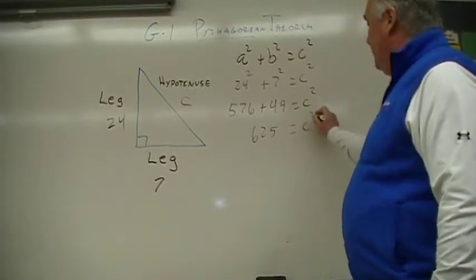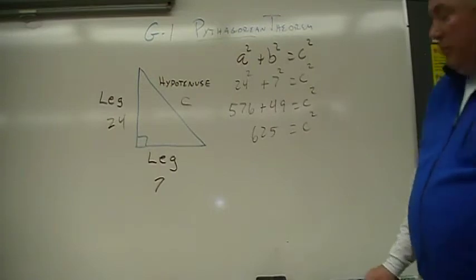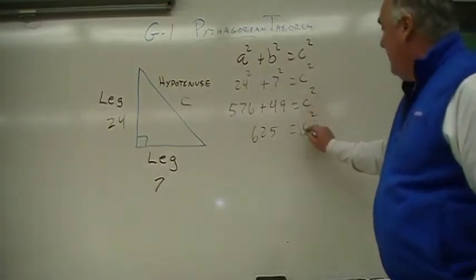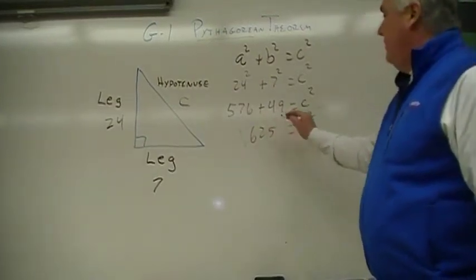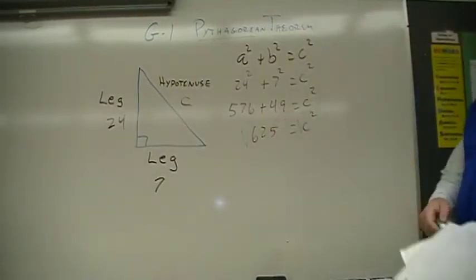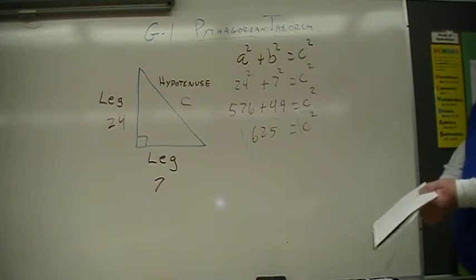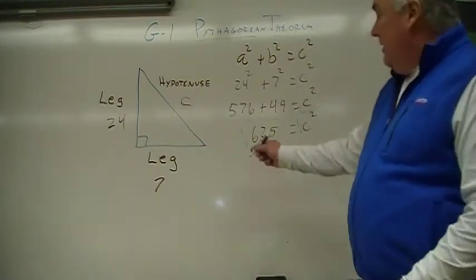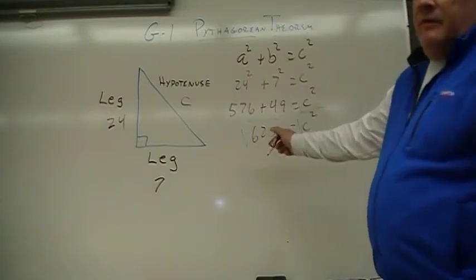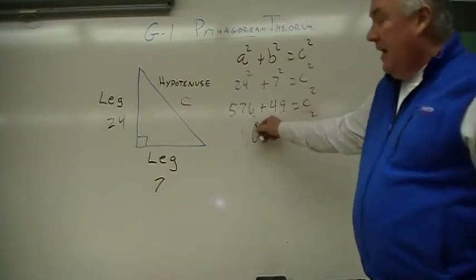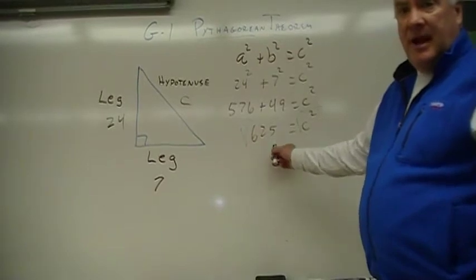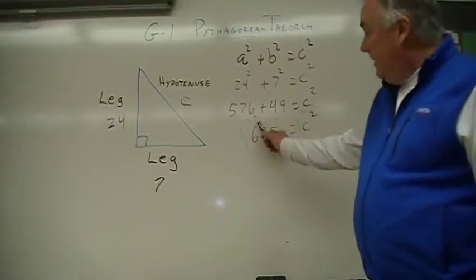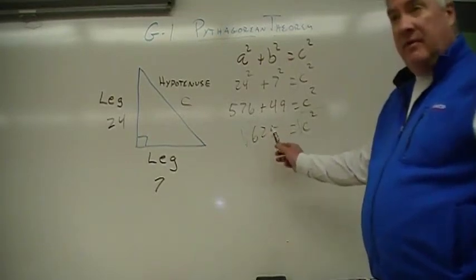625 equals C squared. Now here's kind of an important point. To balance this, we are taking the square root of both sides. Something important that you can do is root both sides as part of balancing. And this could be an answer too. Folks, sometimes we're going to leave our answer in radical form. Not in this case, but this would be your radical form if we ever leave it to that.